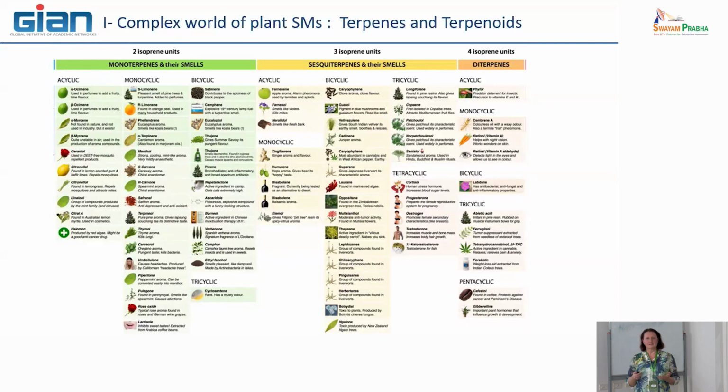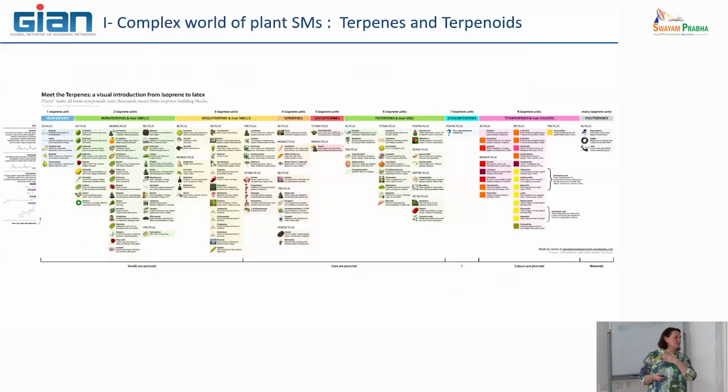So it's very interesting that someone has done this work for us, because this way we can also have an idea of which terpenes could be interesting to manage in biotechnological approaches for production. So don't hesitate to take a look at them.